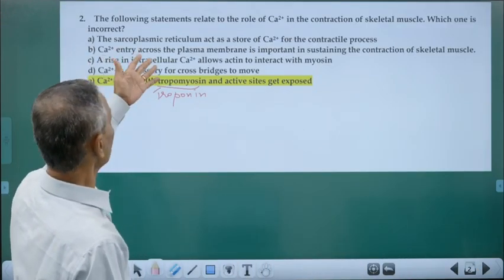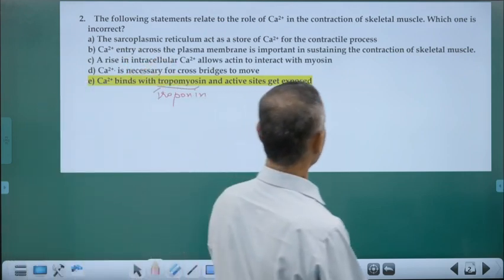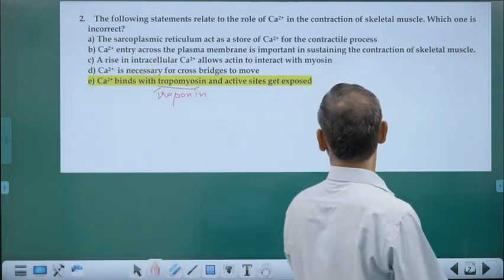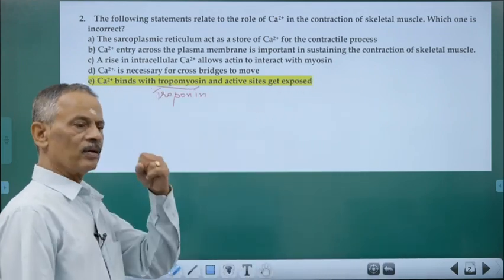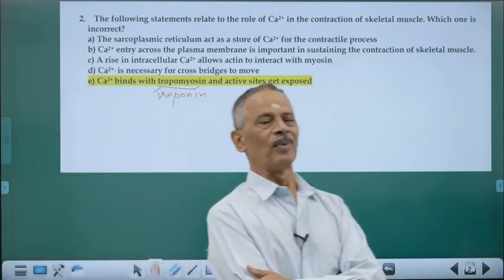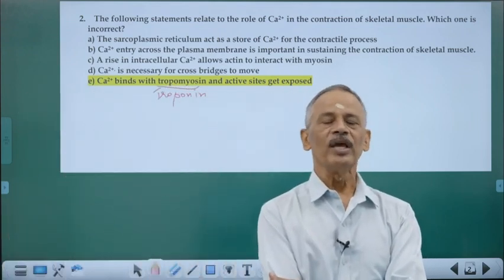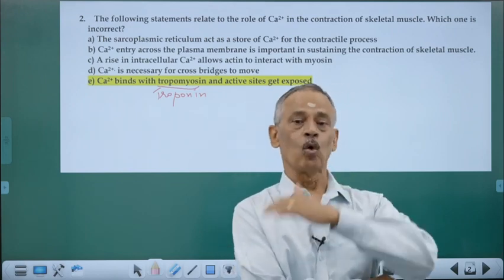In the following statements relating to the role of calcium in the contraction of skeletal muscle, what is incorrect? See, we need two ions in muscle contraction. One is calcium. This calcium is having two roles.